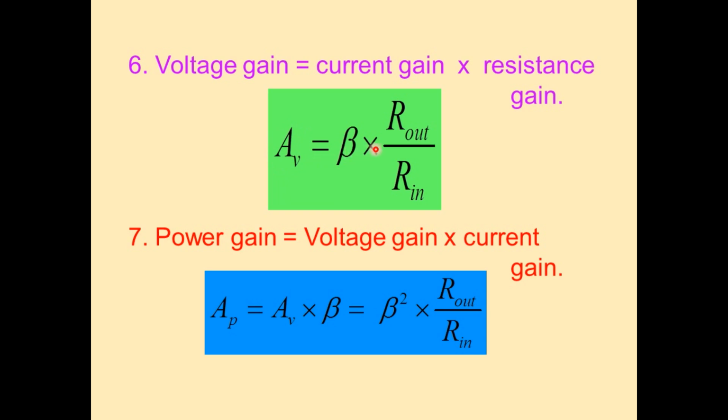Voltage gain is denoted by AV, equal to current gain, denoted by beta, into resistance gain, which is a ratio of output resistance to the input resistance. So the voltage gain AV equal to beta into R output by R input.